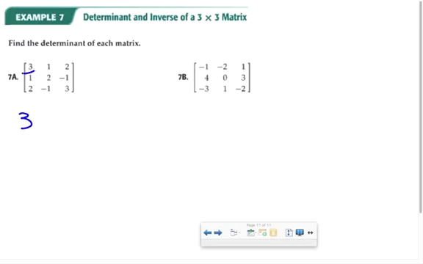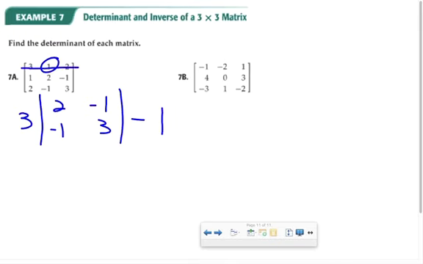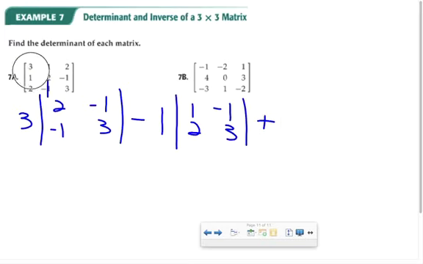So we do 3 times the determinant of the remaining matrix, minus 1 times the determinant of its remaining matrix, plus 2 times the determinant of its remaining matrix.